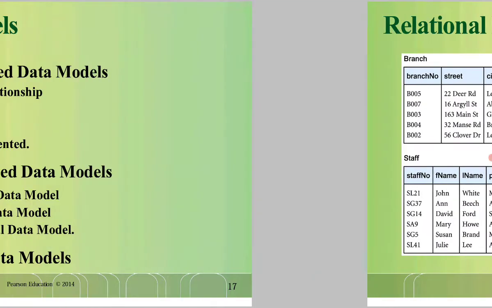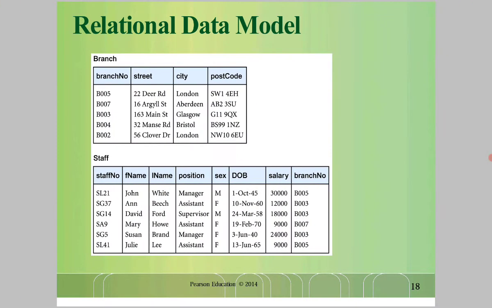So the first model is the relational model. This is an example of a relational model. In the relational model, the data or information is represented using tables, in a tabular manner. For example, here we take two tables, branch and staff. Each table has a table name, some columns or fields, and some sample data.